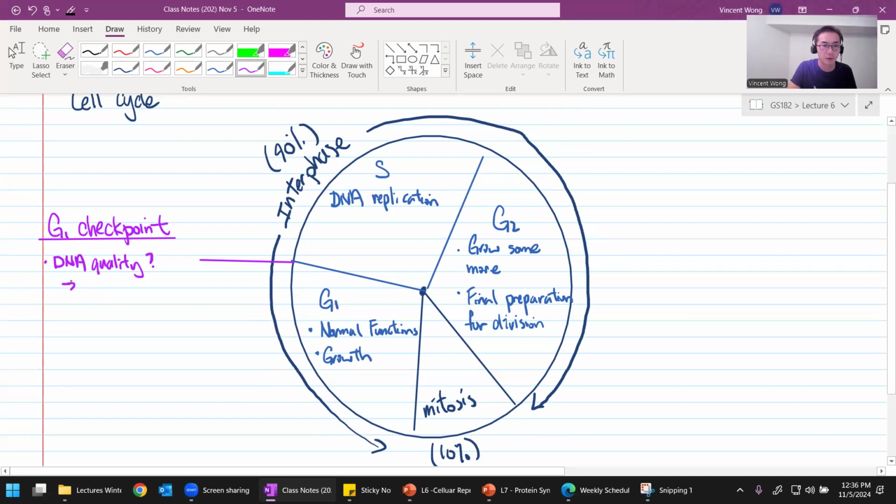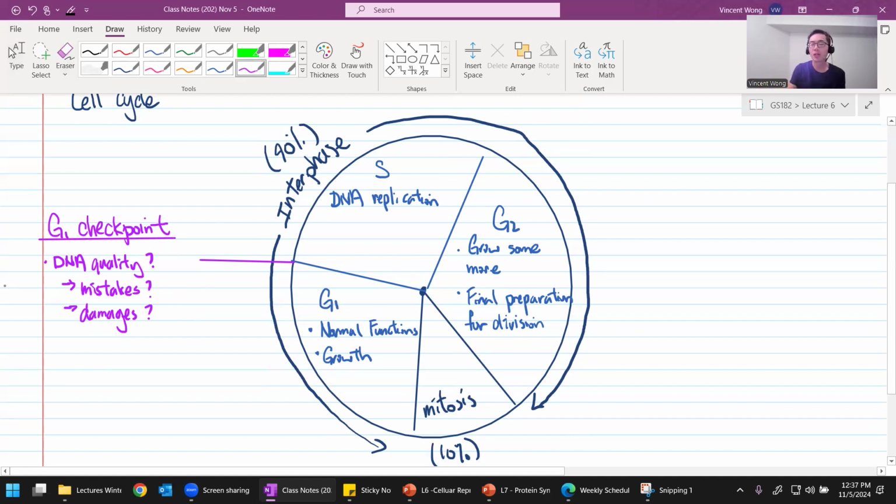Right? You want to check for mistakes, damages. Right? Like if you find base pairs that are mismatched, then you're going to want to repair them before you make a copy. If you find DNA damage, you also want to fix that before you do the DNA replication.